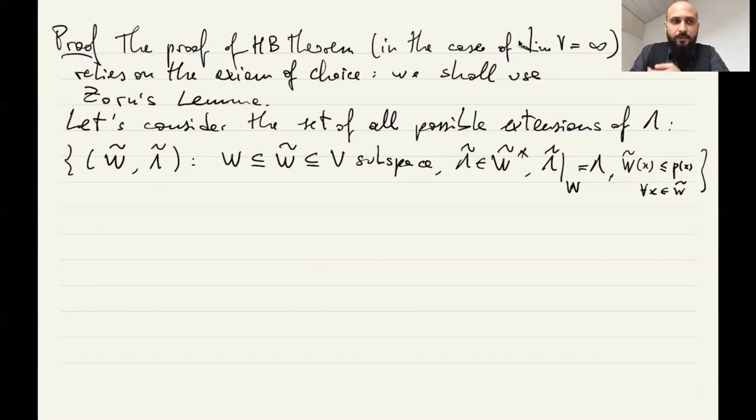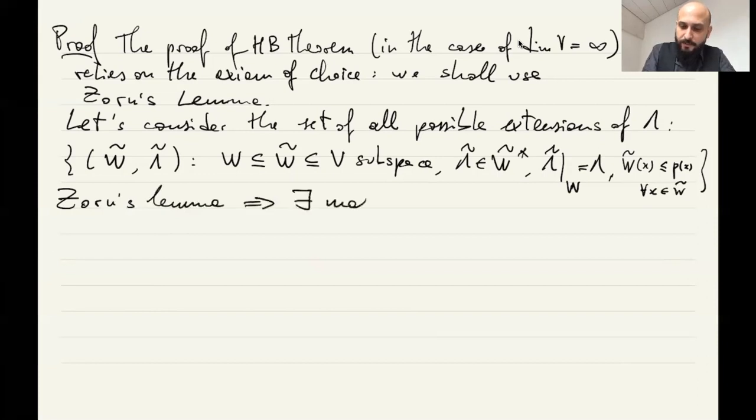So we are in the assumption of Zorn's lemma, and therefore we can consider maximal extensions. Let's call this maximal extension, which may not be unique, W hat, lambda hat.